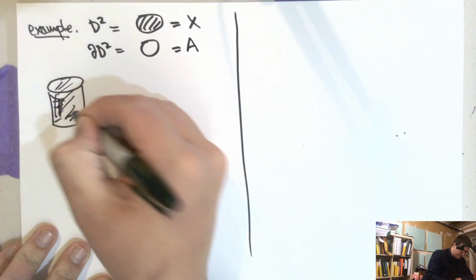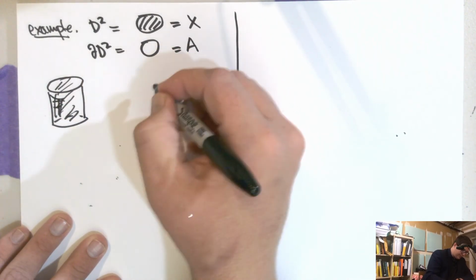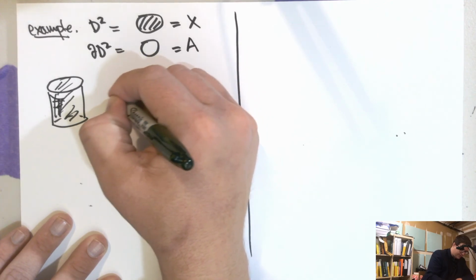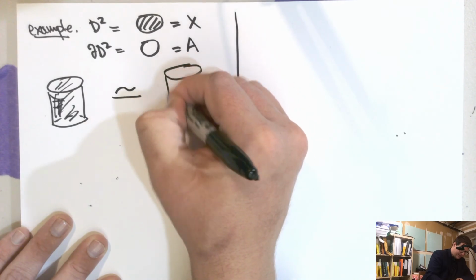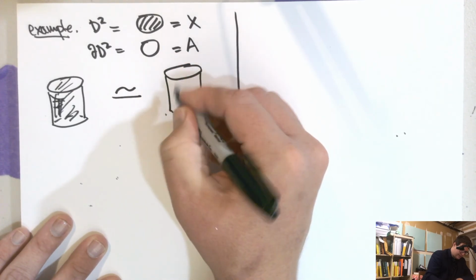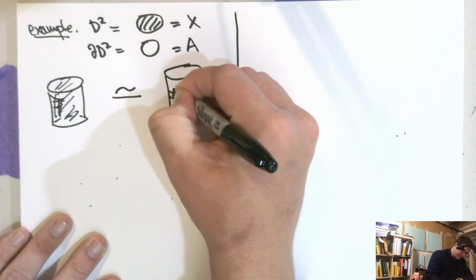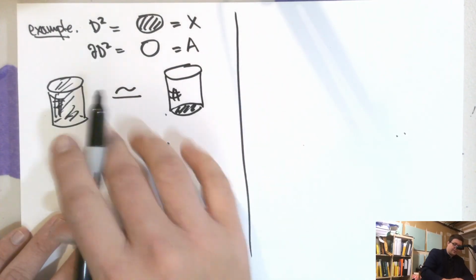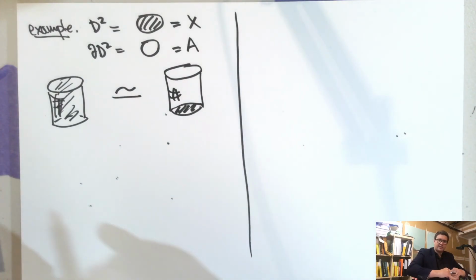We need this to be a deformation retract, so we're going to have it like this. The bottom part's filled, but this is hollow now. It's like you can take your solid cylinder and just cave it in.